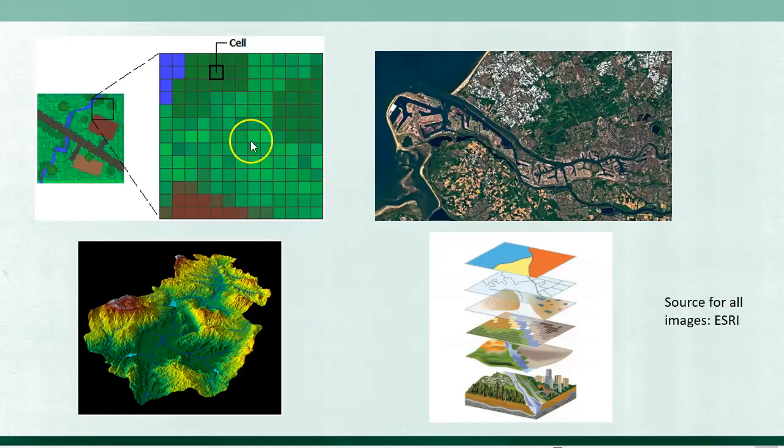Here's a little image, or a couple little images, all from one of the major companies that works in geographic information systems, that number one shows how a pixeled raster image works. You can see here a picture of maybe a building and a road and a river, but if you zoom down into an area, you'll see that the data comes from each of these little geospatial cells or pixels of data that are coded in one color or another color.